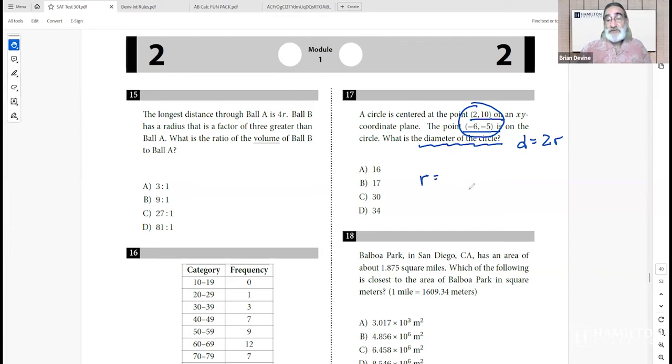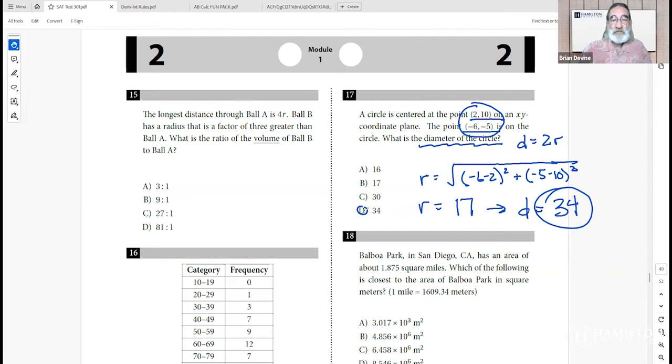So the radius would be, by the distance formula, the square root of the square of the difference of the x coordinates, so -6 minus 2 squared, plus the square of the difference of the y coordinates, so -5 minus 10 squared. And if I stick that in a calculator, I get 17. So 17 is the radius, which tells me that the diameter must be 2 times 17, which is 34. So D is the correct choice.